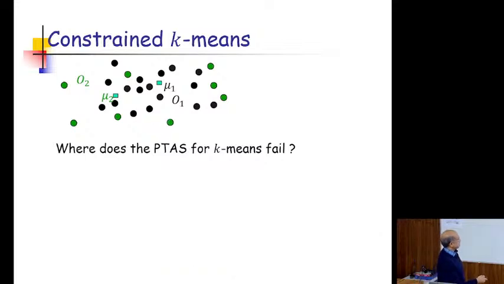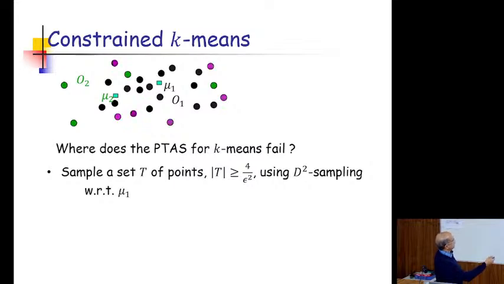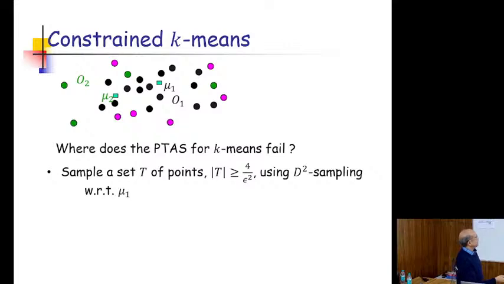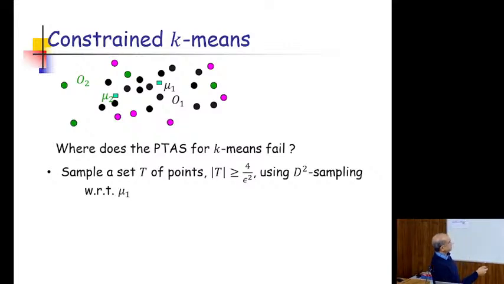So suppose that you have got mu1. That part still holds. Now you want to estimate mu2. So what was the algorithm? You sample a lot of points with respect to their distance from mu1. Points which are farther from mu1 are more likely to be sampled.